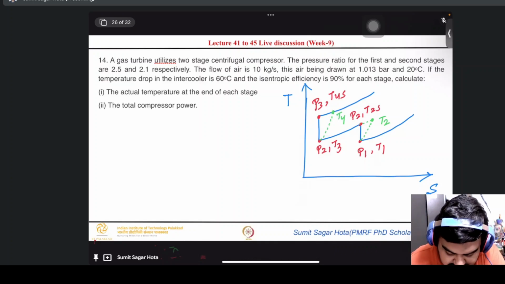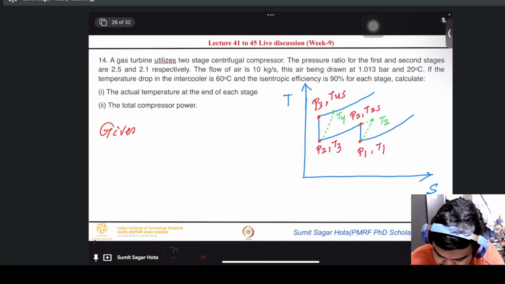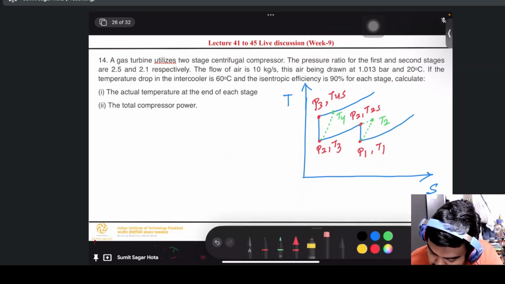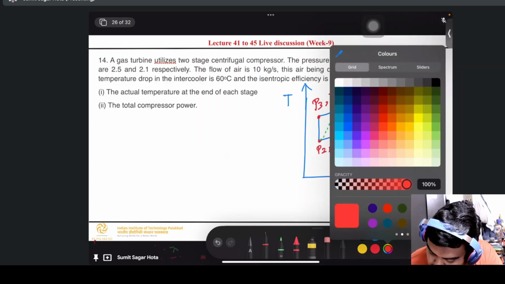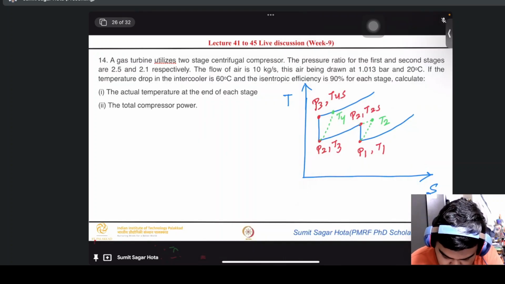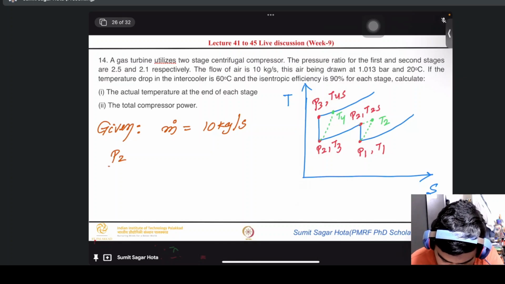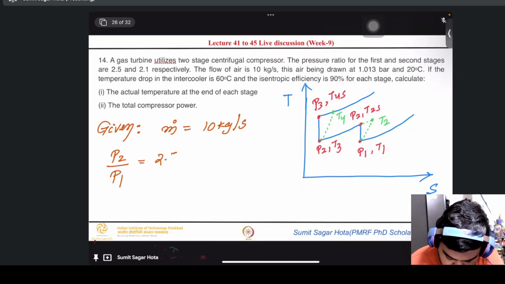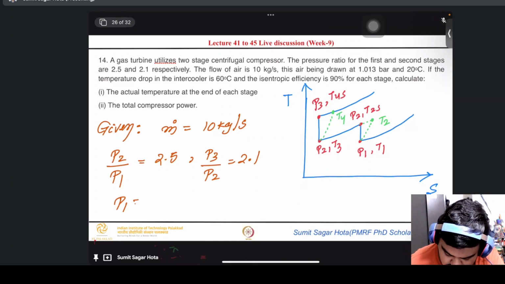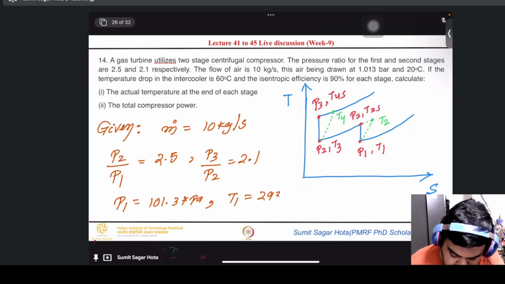So let's write down what are the things given. m dot is equal to 10 kg per second, P2 by P1 is 2.5, P3 by P2 is 2.1, P1 is equal to 101.3 kilopascal, then T1 is equal to 293 Kelvin.